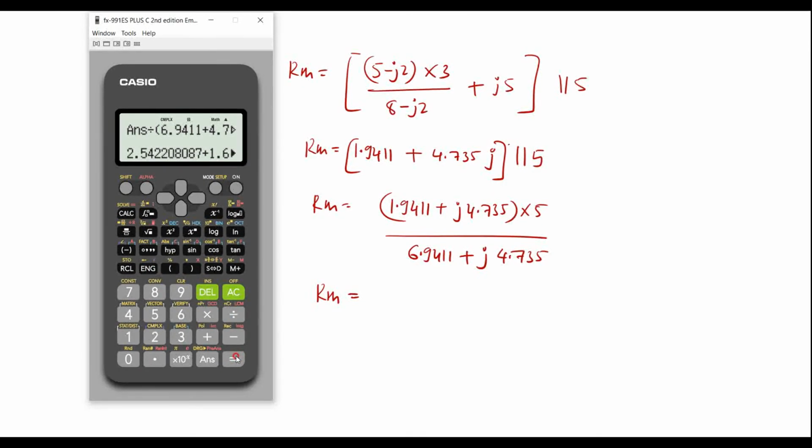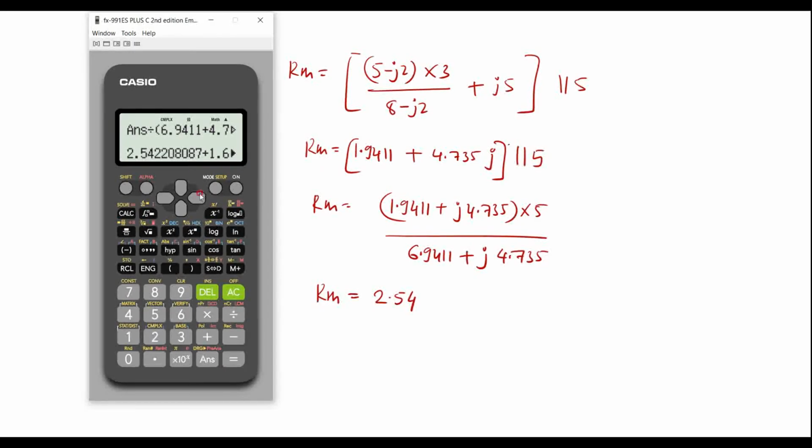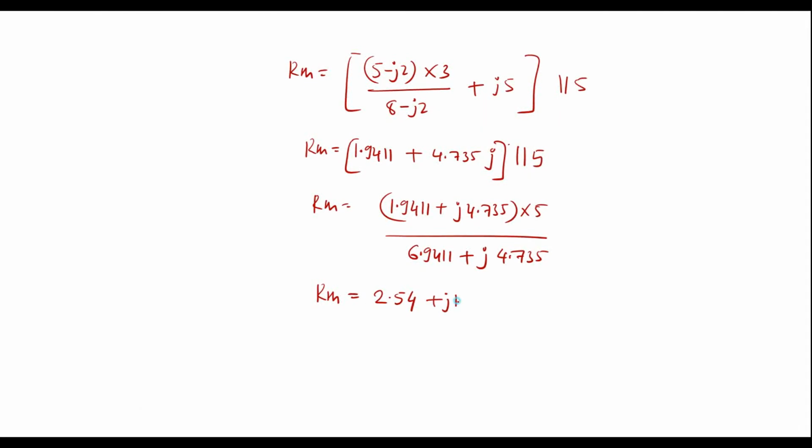So this is the RTH, that is 2.54 and the imaginary value is 1.676, that is 2.54 plus J1.676 ohms. So this is RTH.